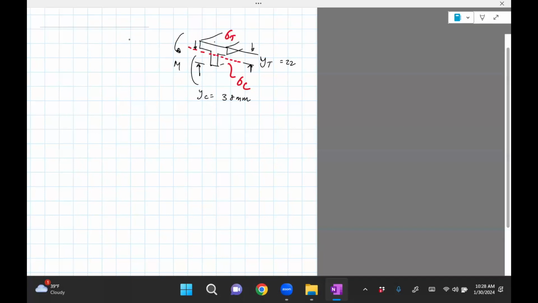And then we know what IG is. I equals IG. We computed that as 8.68 times 10 raised to negative 7.